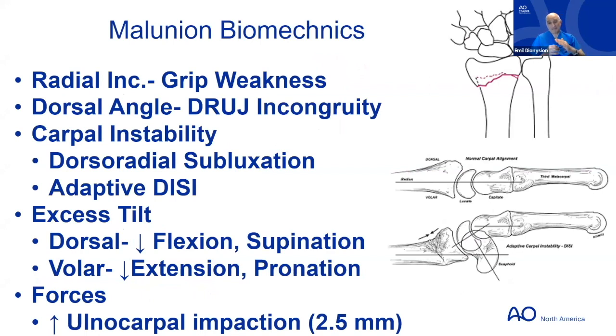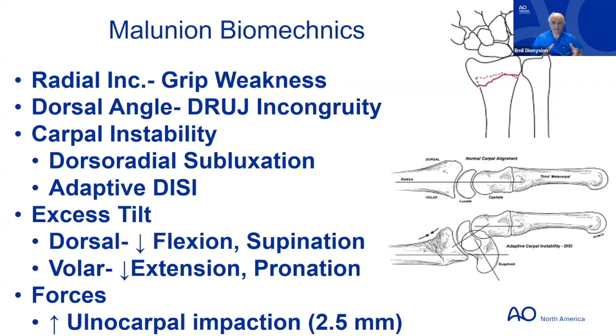As a result of the tilt change, especially dorsal tilt, there's a dorsal-radial subluxation of the carpus, which can then result in the adaptive deformity of the carpal alignment, especially a dorsal intercalated segmental instability, or DISI. And excessive tilt, depending on which way, if it's a dorsal tilt, will cause decreased flexion and supination. If it's a volar tilt, then it's decreased extension and pronation.